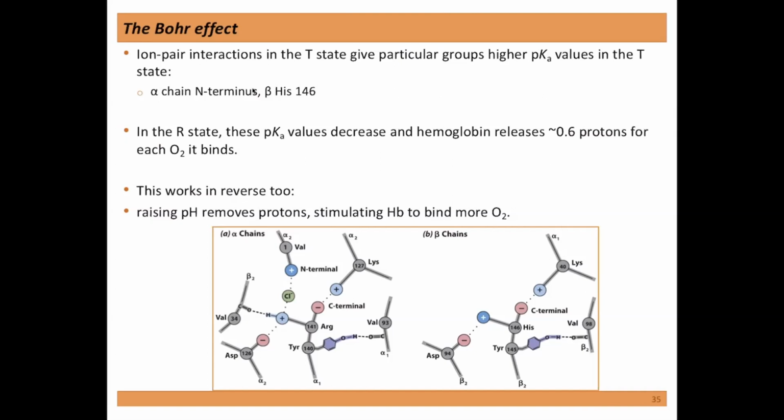So the reverse is true. Raising the pH, making it more basic, actually stimulates the hemoglobin to bind more O2. So, well, actually, let's look at this graph here. At high pHs, you tend to release less oxygen, and at low pHs, you tend to release more oxygen.